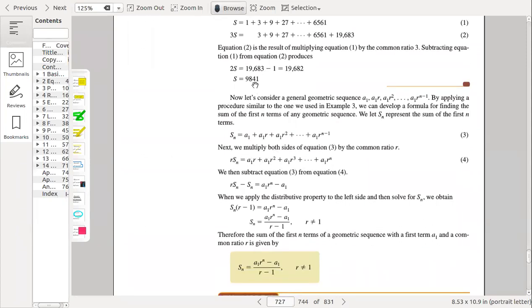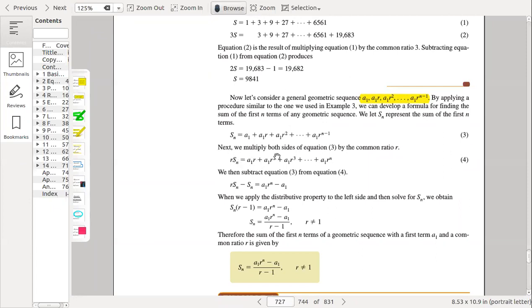So if we represent the geometric sequence with the first term, then the second term as first term into r, third term first term into r square, we can write the sum of the first n terms as a1, the first term, plus a1r plus a1r square plus, and so on, a1r power n minus 1.